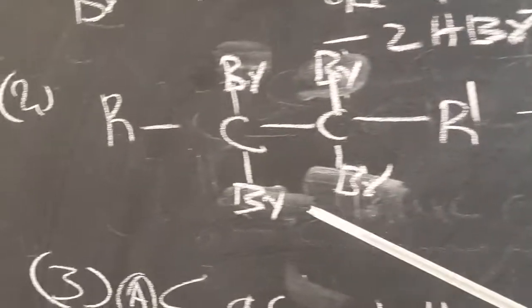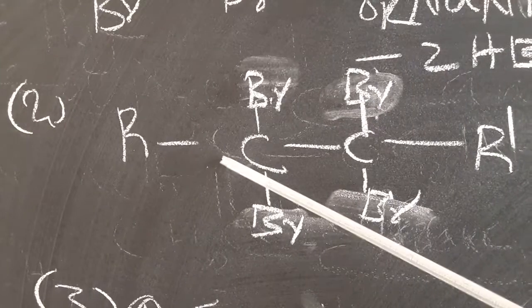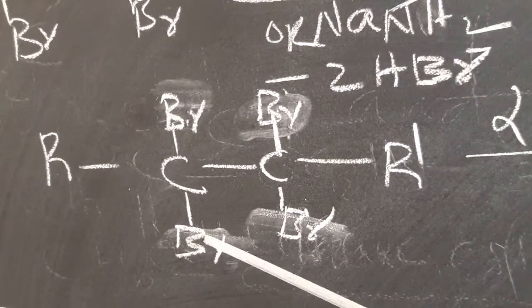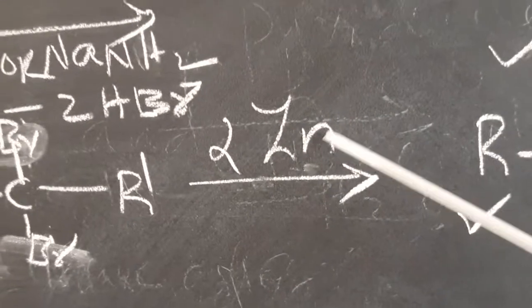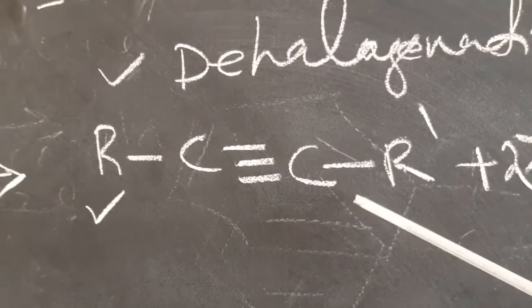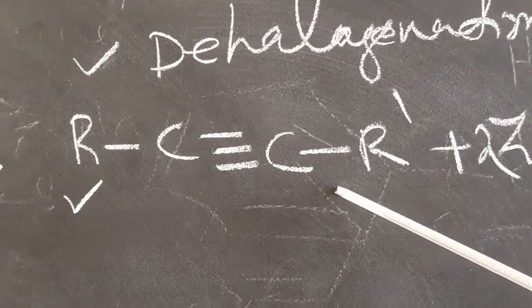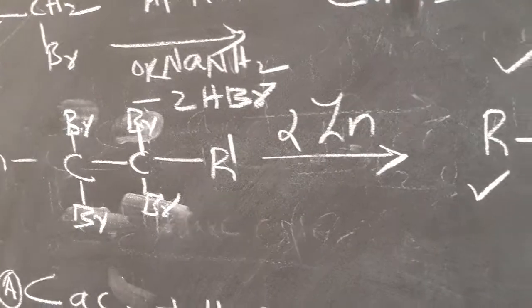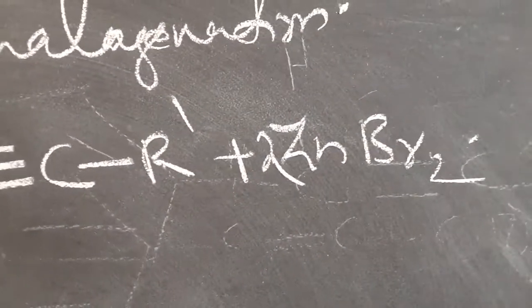In the second method, I am taking a tetrahalide and removing the bromine atoms with zinc metal, and we are getting the corresponding alkyne. The tetrahalide reacts with zinc, forming zinc bromide.